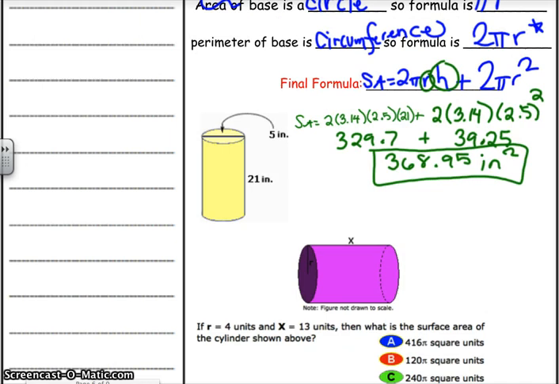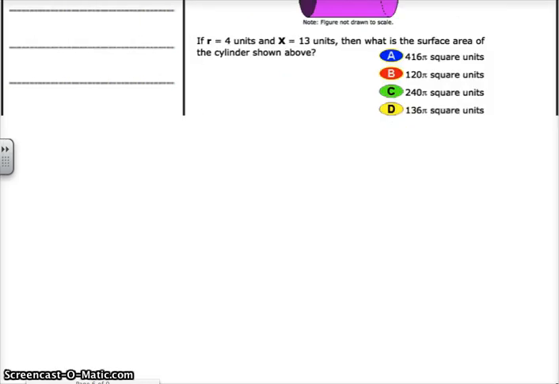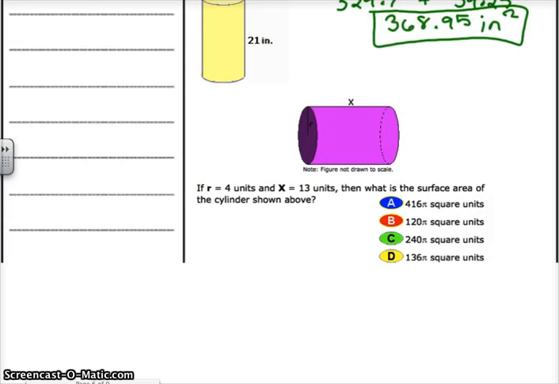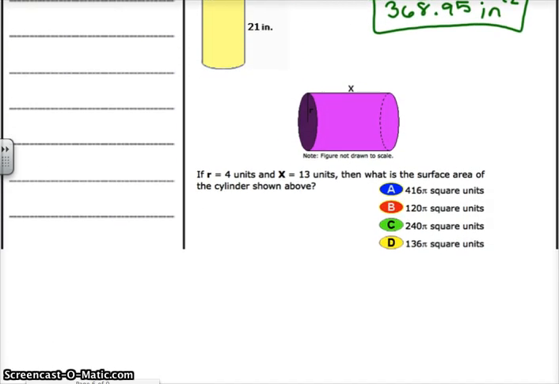Okay, the next one, and the best advice I can ever give you. When you're calculating any kind of anything, given multiple choice, I take a glance at my answers. And I see here that all my answers have pi in it. So that tells me, okay, they want me to keep it with pi. So I'm going to use the formula, but I'm going to keep pi as it is.